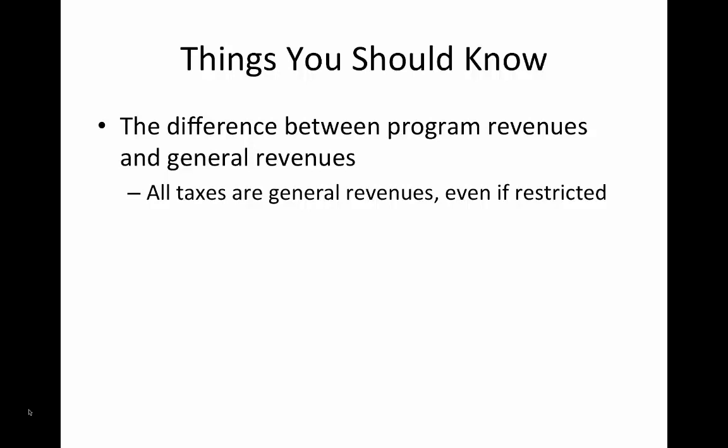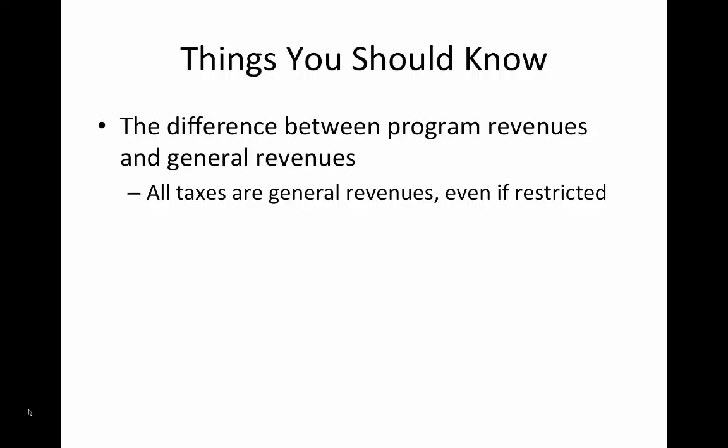Among the things that you need to know, you want to understand inflows and outflows from the perspective of the government-wide financial statement, so understanding the difference between program revenues and general revenues. Program revenues being those that are generated by the actual activities or functions or programs or service provision of the government.